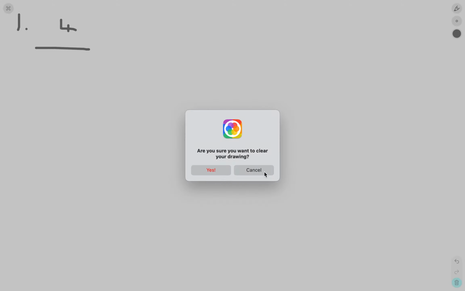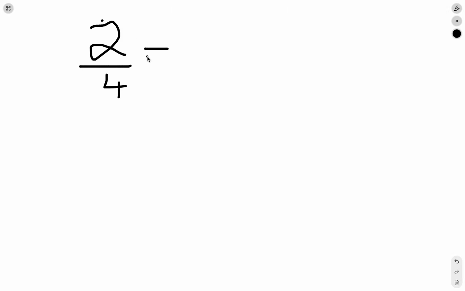I know I'm not explaining this very well, so I might as well just restart my drawing. So basically, you're gonna simplify your fractions. If I had 2/4 and I wanted to simplify that, what number do they both go into? They both go into 2, so I divide them both by 2.